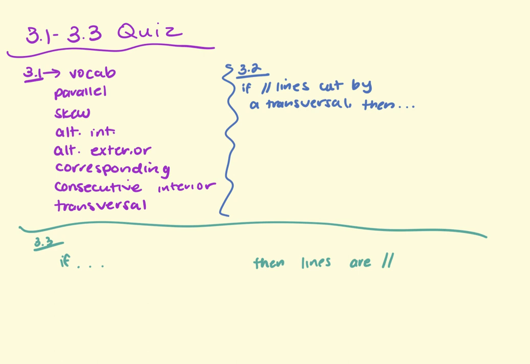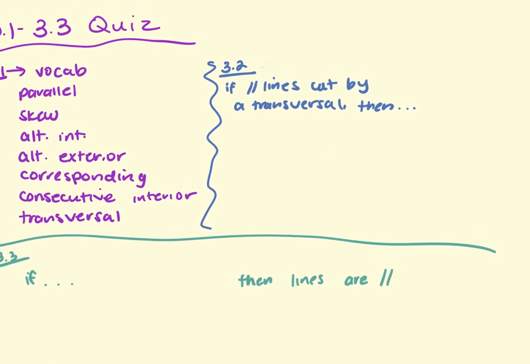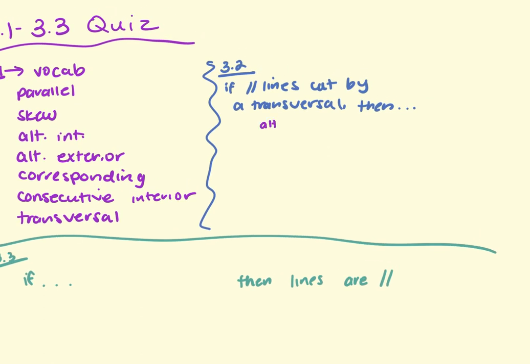In 3-2, it was all the theorems about parallel lines. So if parallel lines are cut by a transversal, then what do we know about the angles? What's true about alternate interior angles? They're congruent. What's true about alternate exterior angles? They're congruent.